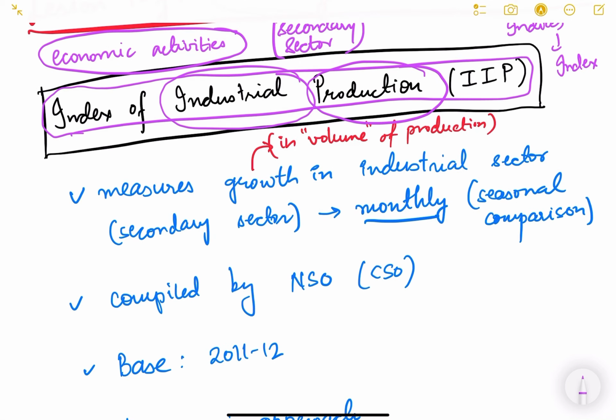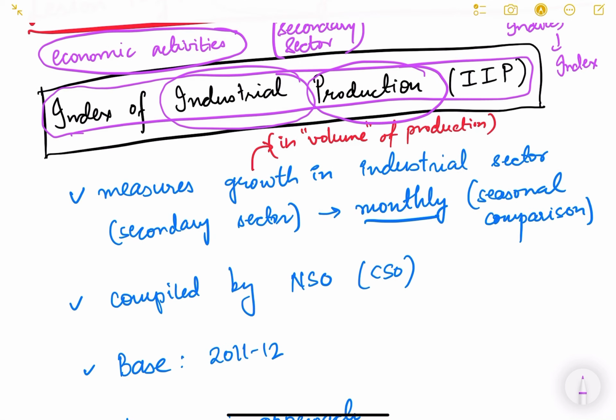Whereas core inflation is the inflation of items without food and fuel. So don't confuse it. There may be a question like 'core inflation is an inflation in core industries.' No, it is wrong. I have already explained the meaning of core inflation.